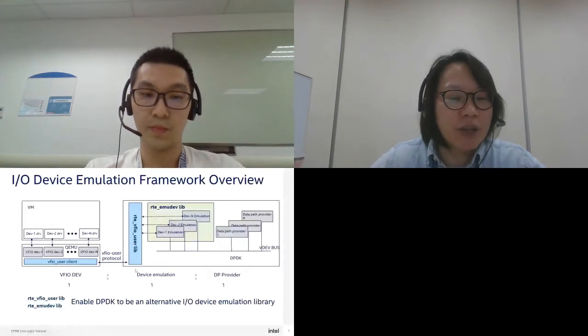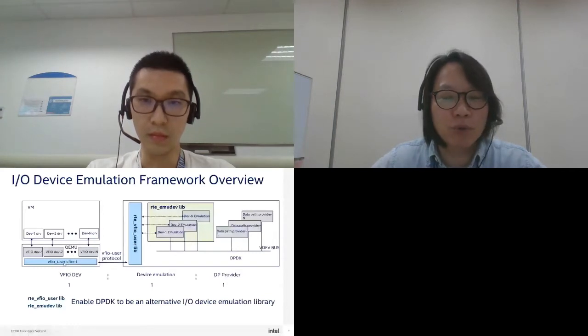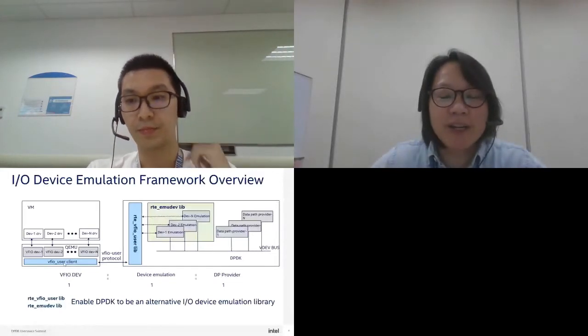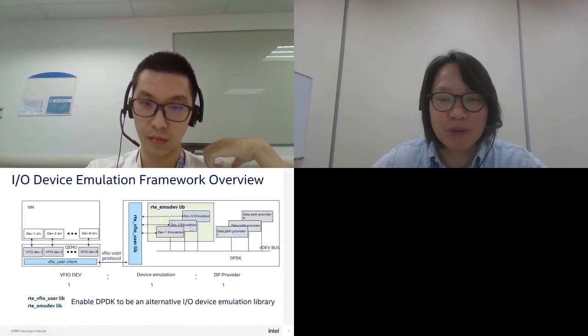In addition, the VFIO device object in QEMU needs to use the VFIO-user client to encapsulate requests coming from the guest driver into the VFIO-user protocol and communicate with the VFIO-user server, and finally get an action for the request done in the device emulation.